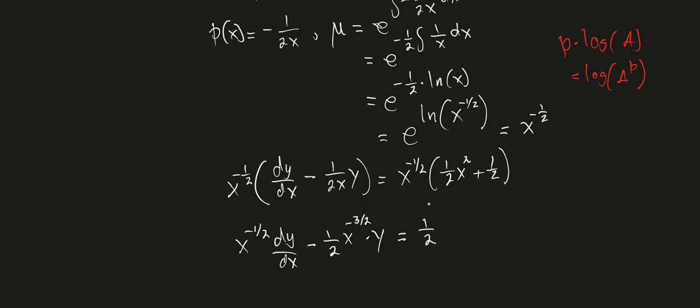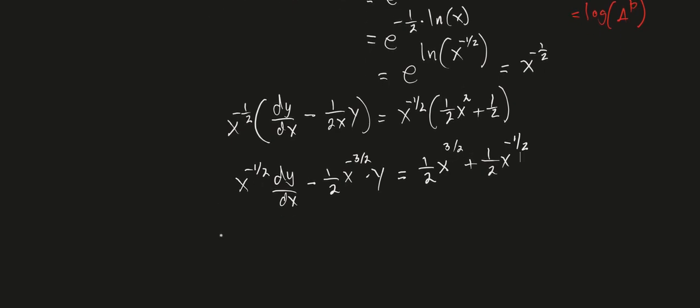So I'll have 1/2. When I multiply the x's, I add the exponents. So that gives me x to the 3 halves, and then plus 1 half x to the negative 1 half. Now here's the thing, and this is the key. We have to look for that product rule so I can identify the f and the g. And I think we can see it quite clearly.